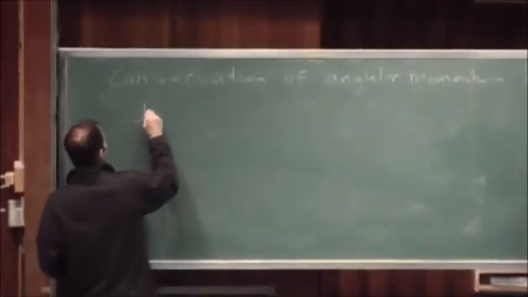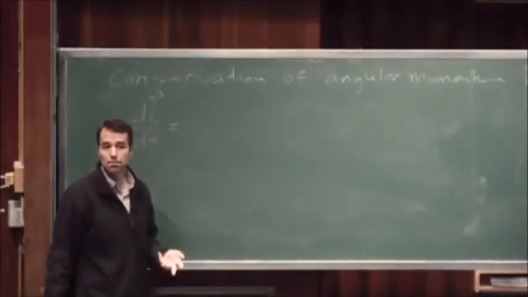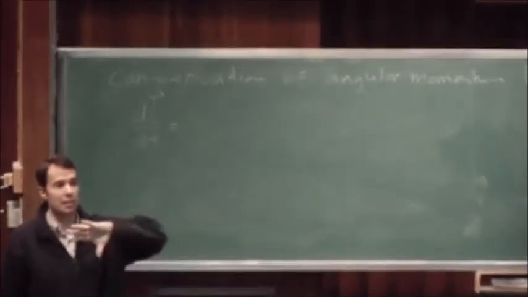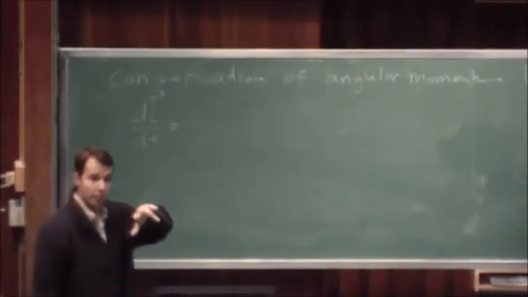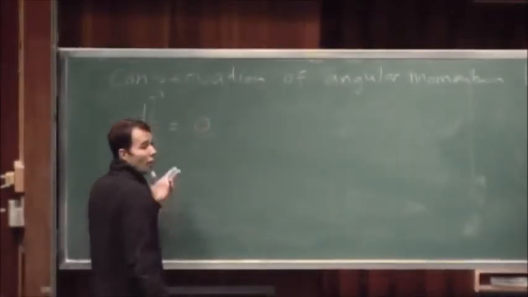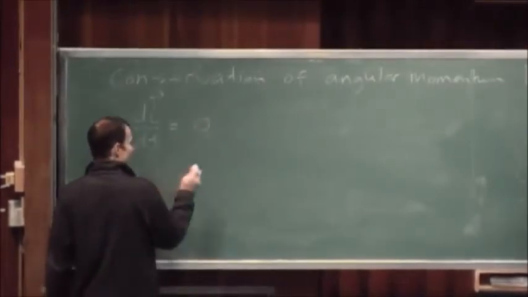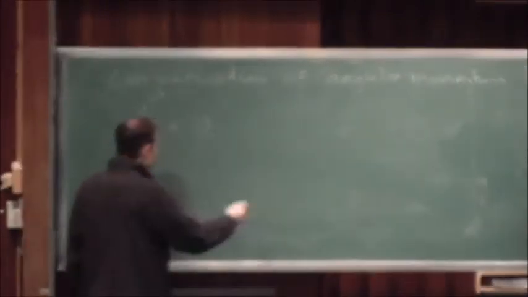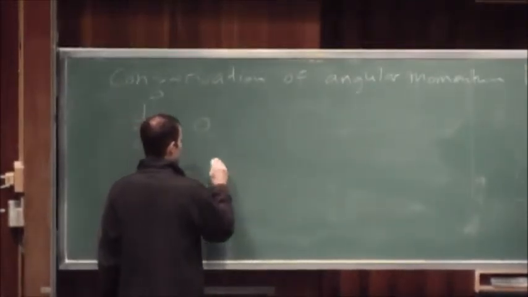If I have no external torques acting on the system, then what is dL/dt? It's 0, right? Which means that if I have a system and I go from one time to another time, the angular momentum final is equal to the angular momentum initial.